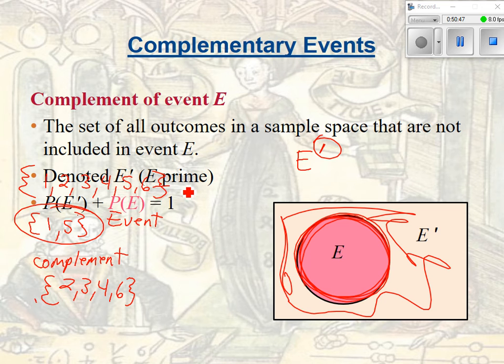This is called E prime. That little symbol's E prime. So you'll hear me say E prime. Whenever you're doing these events, the complement of an event and the event, their probabilities should total up to one whole.